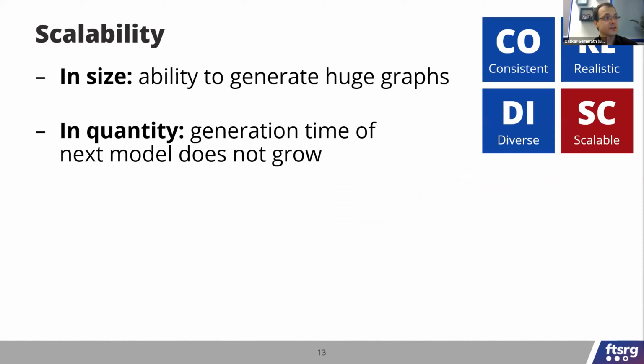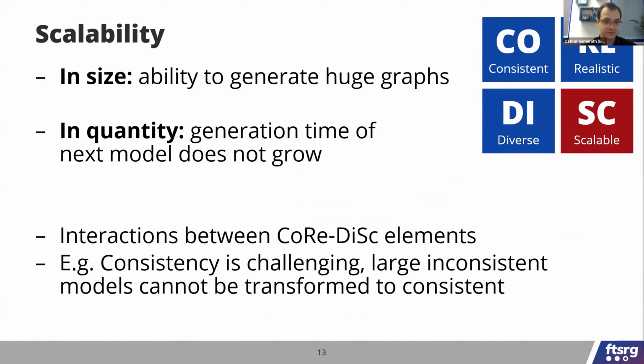We say that a generator is scalable in size if it can generate huge models, and it's scalable in quantity if the generation time of the next model does not grow if we generate a sequence of models. We have seen a lot of properties, and it can be hard to guess the interaction between those different properties.